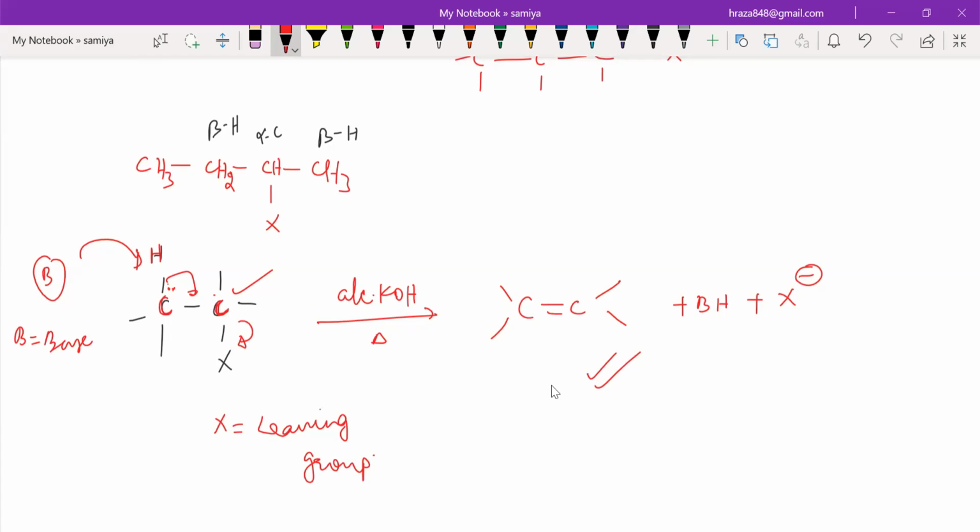What you need to do is just make a double bond between the leaving group X carbon and the beta carbon. You can see this is our alpha carbon, this is our beta carbon, so this hydrogen is the beta hydrogen. We just need to make a double bond between the alpha carbon and beta carbon, and eliminate X and the beta hydrogen.